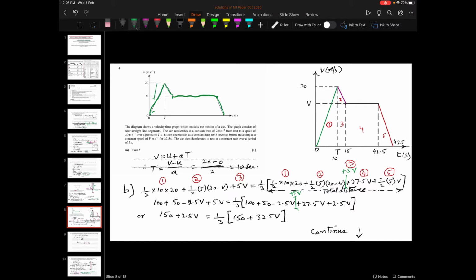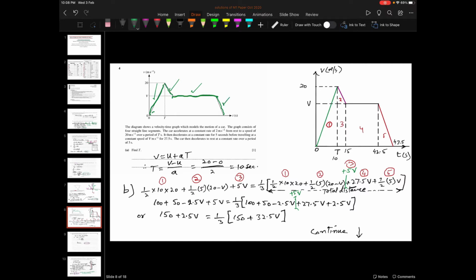It then decelerates at a constant rate for 5 seconds before traveling at a constant speed of v meters per second for 27.5 seconds. The car then decelerates to rest at a constant rate after a period of 5 seconds.